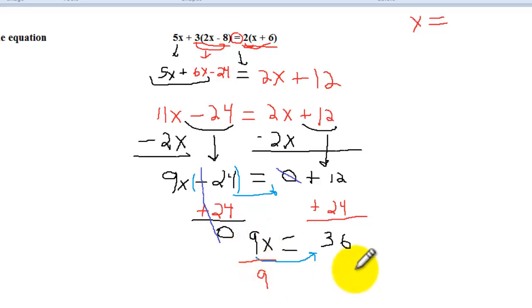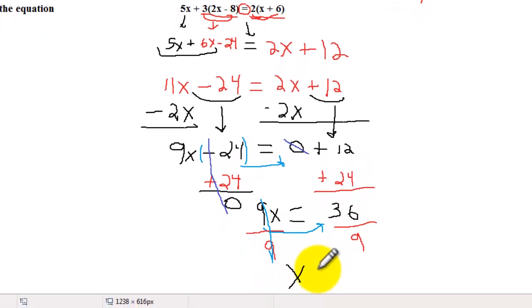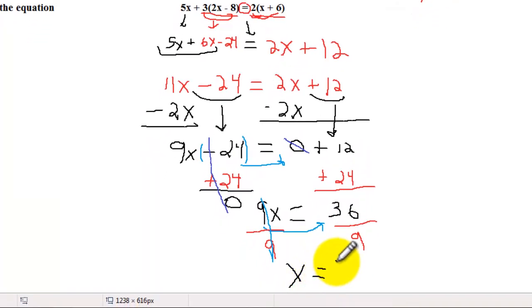Whatever's done on this side has to be done on this side to keep it balanced. And 9 over 9 is 1. So a 1x simply means x. And 36 divided by 9 is a 4. So your answer becomes x equals 4.